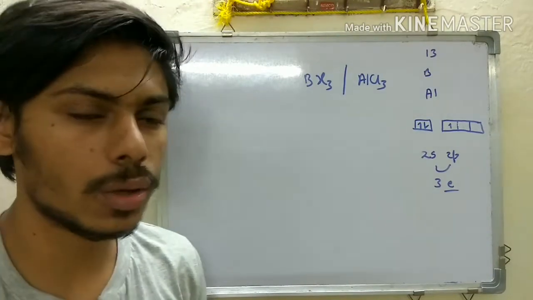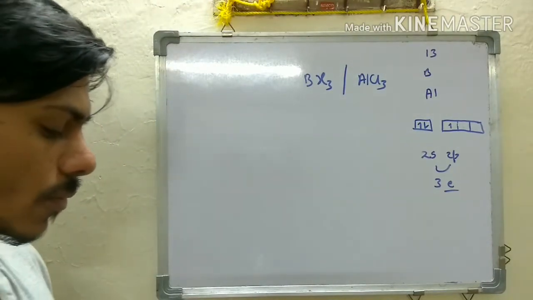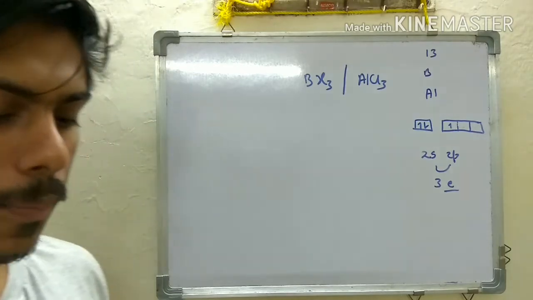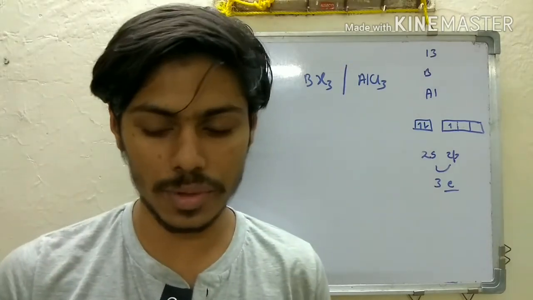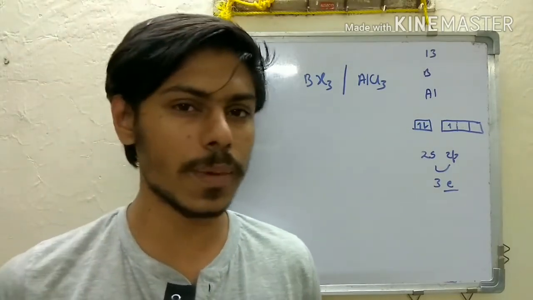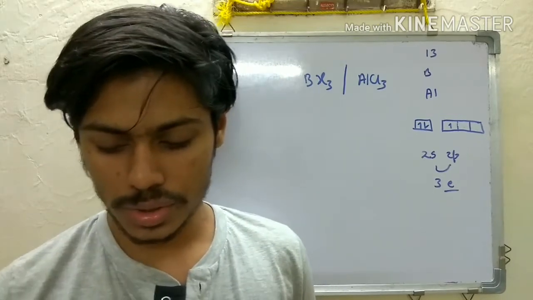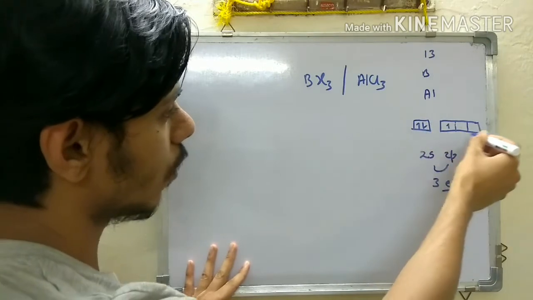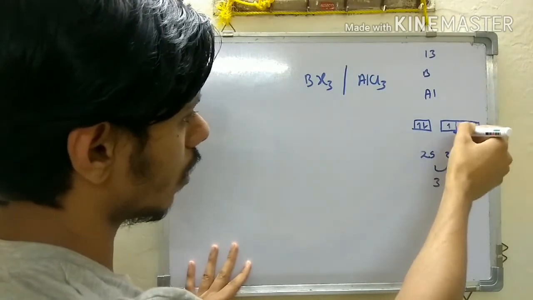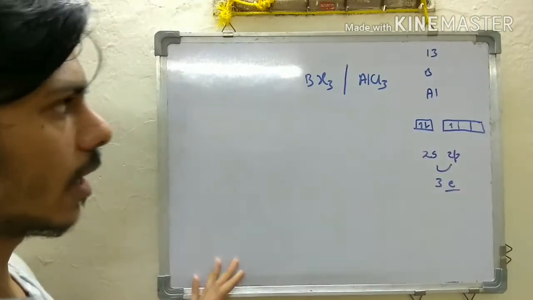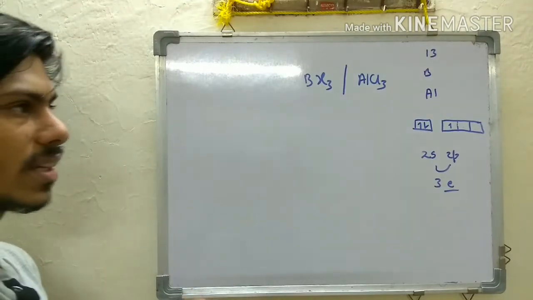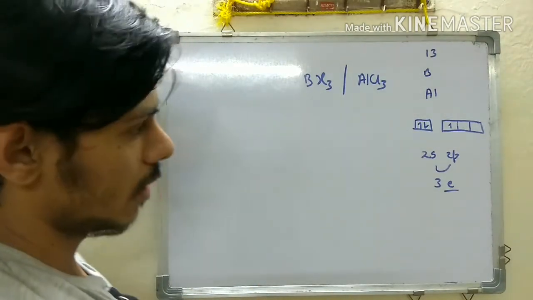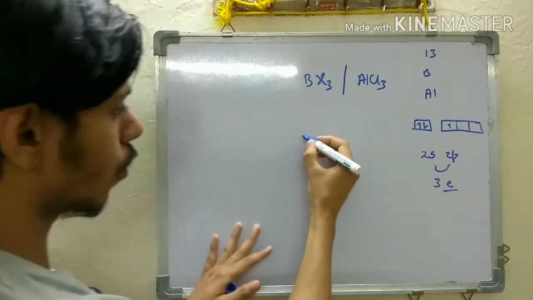Now, why are they Lewis acidic? Whenever you have a compound which is coordinatively unsaturated, right? What is meant by coordinatively unsaturated? As you can see, this molecule has 4 outer orbitals, and using these 4 outer orbitals, it can achieve up to a coordination number of 4.